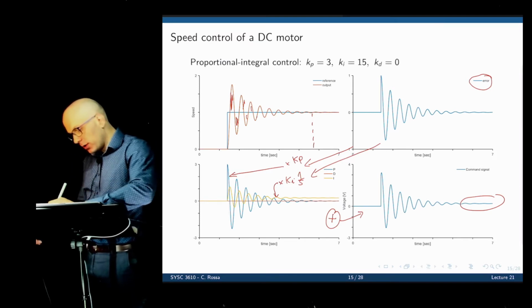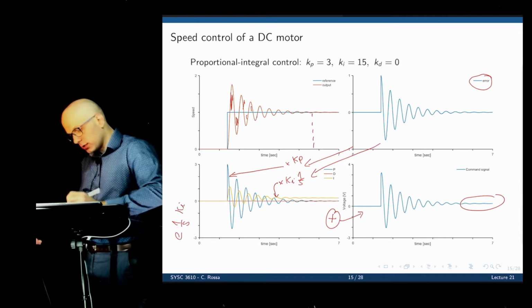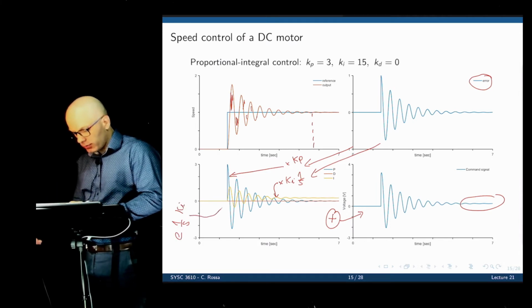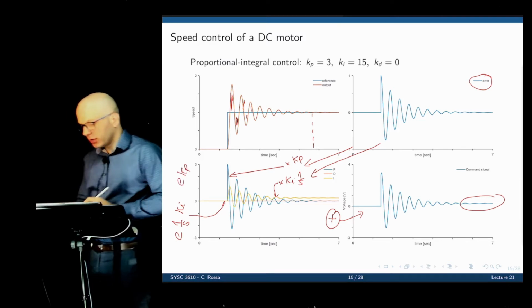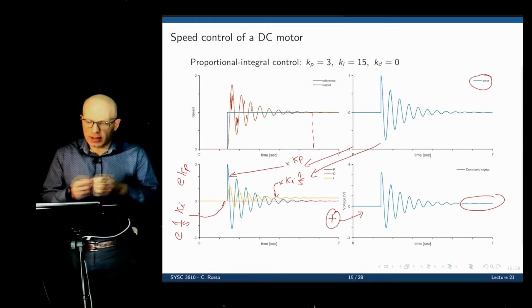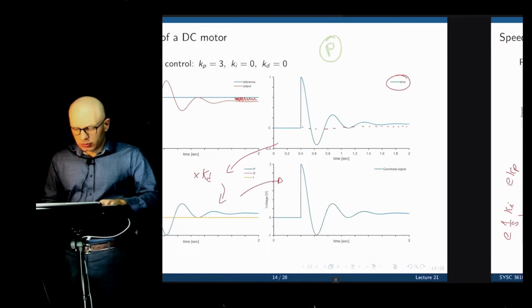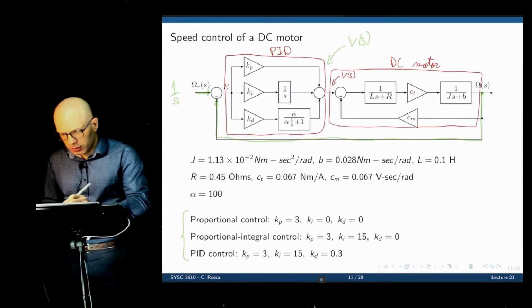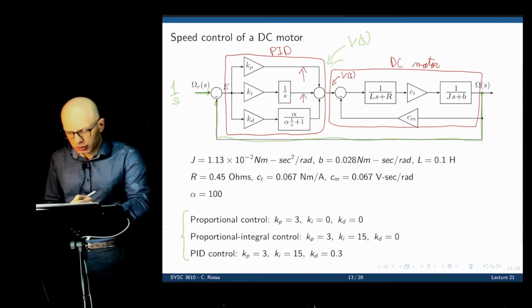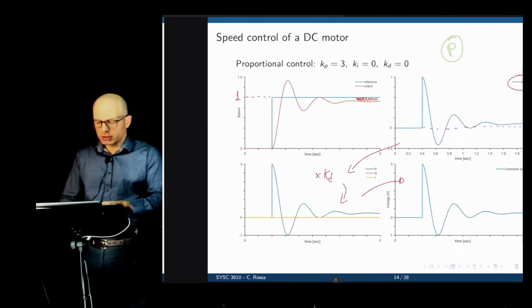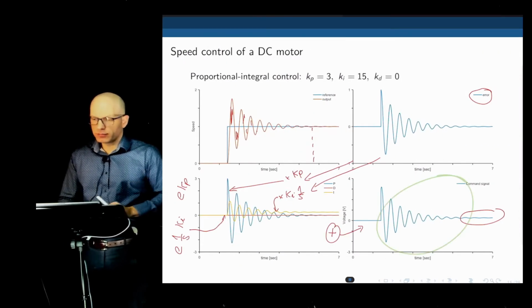So it would simply be 1 over S times KI times error. That's the yellow. And then error times KP is the blue. And they are not yet voltages because you still have to add them up. So at this point, we are looking at the signals here and here. Thank you. And then the voltage is after the sum there, which is this graph.